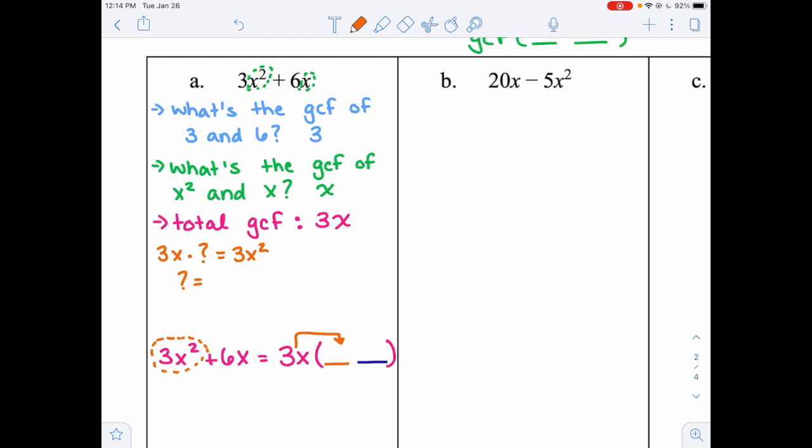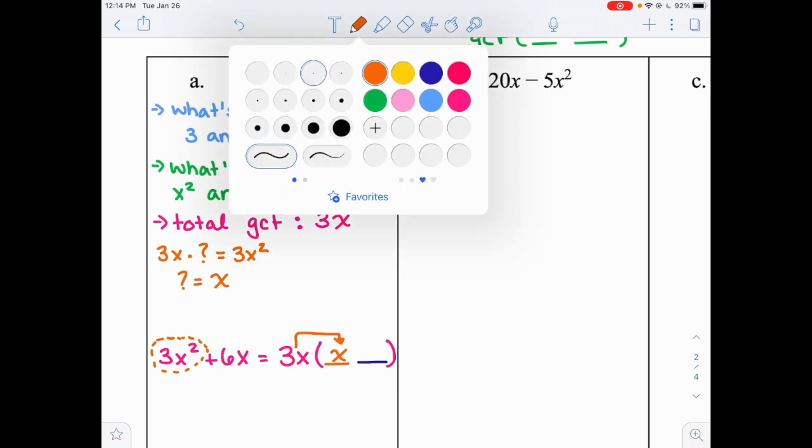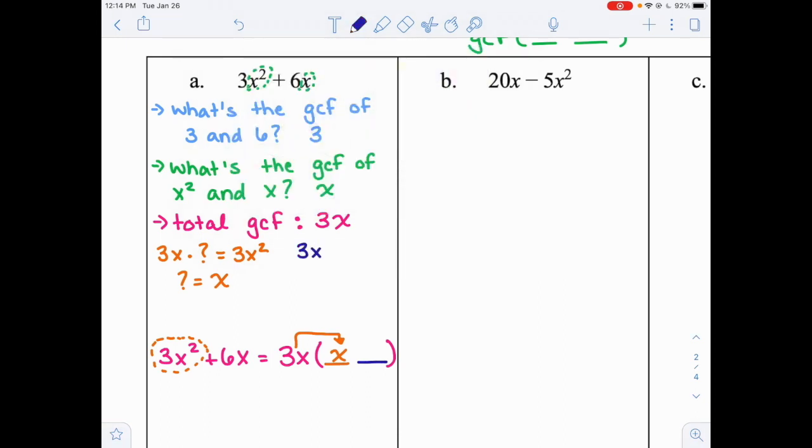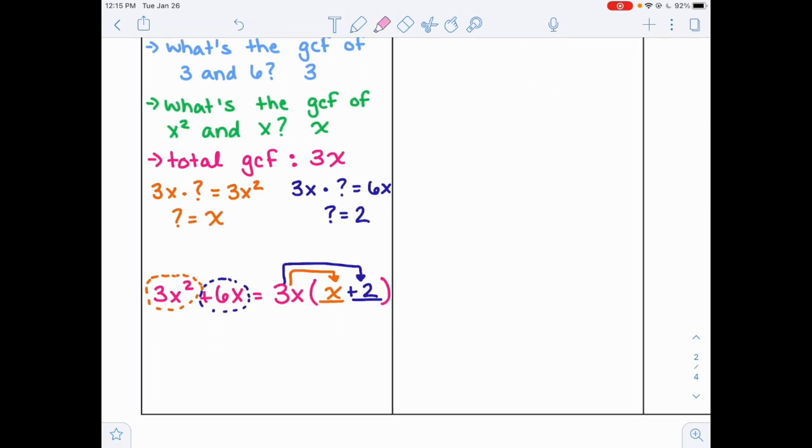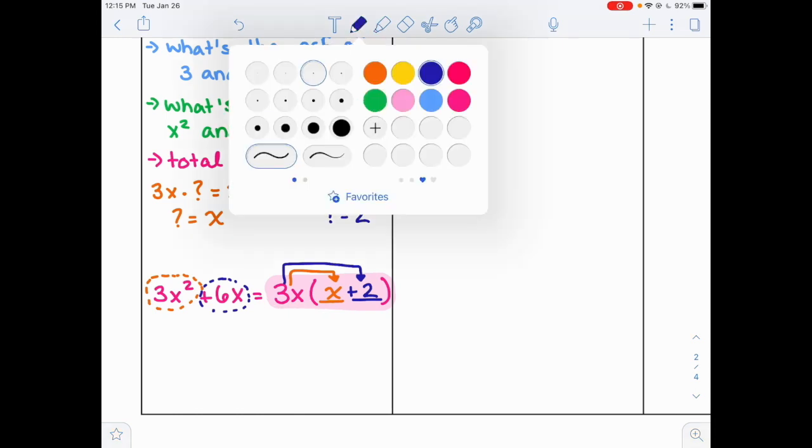So the something here is going to be x, 3x times x, 3x squared. We also need to figure out 3x times what will get me 6x. 3x times 2 will get me 6x, so this is going to be plus 2. And that is my factored form. I have fully factored that binomial.